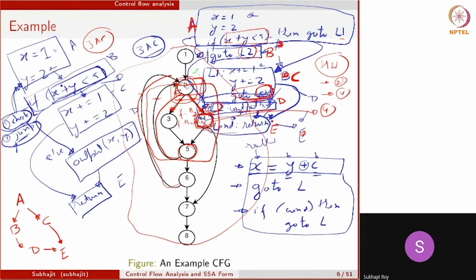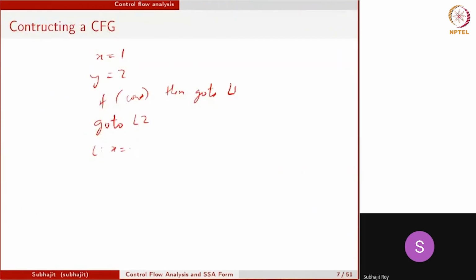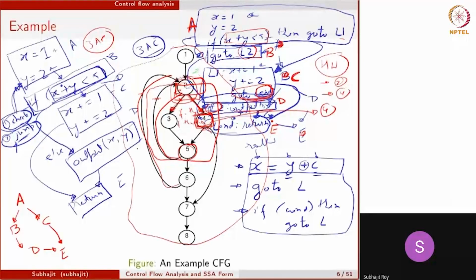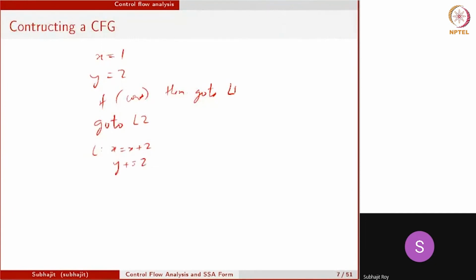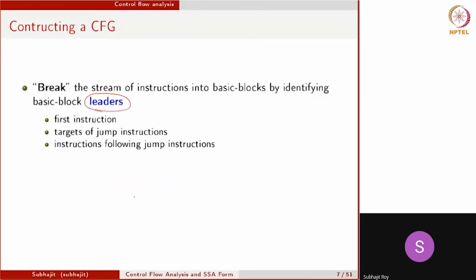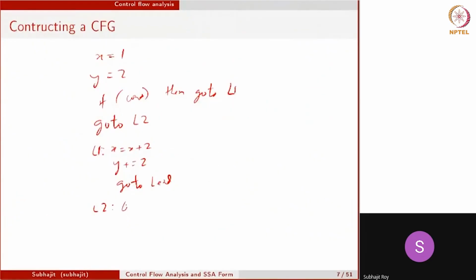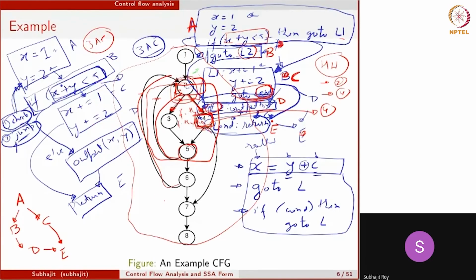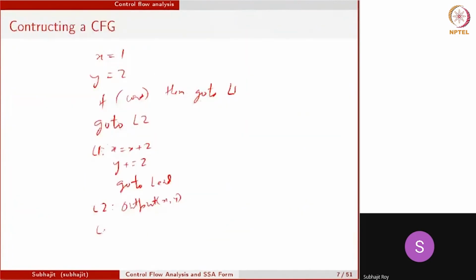Then you have L1: x equals x plus 2 and y plus equals 2. Then go to L end. Then you have L2, which has output x y. Then we have L end as a return statement. Right, so let us say this is a control flow graph.